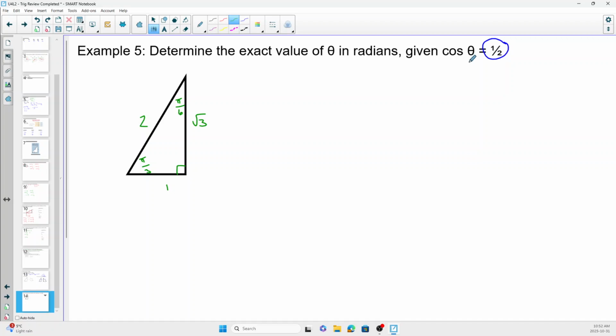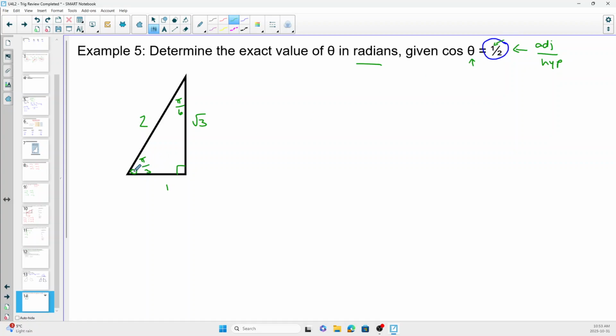So I want to know which of these two angles would result, in other words, what is the exact value of theta in radians, would result in a ratio that is adjacent over hypotenuse of 1 over 2. So which of these two angles has 1 adjacent to it? Well, that would be this angle here.